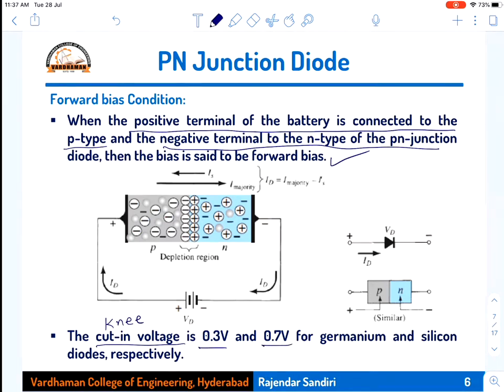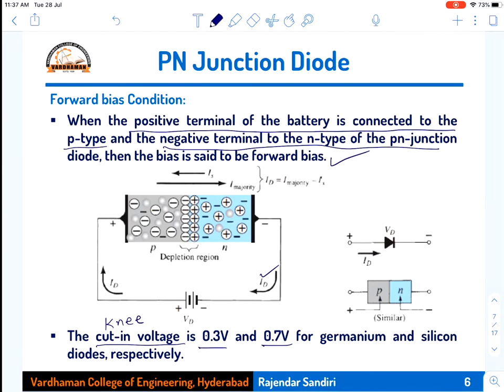So if you apply the external voltage of 0.3 and above, then that barrier becomes zero, depletion width becomes zero, and the carriers easily flow across the junction from either side, holes from P side to N side, electrons from N side to P side, and the current starts flowing. That is represented by the current ID. ID starts flowing. The cut-in voltage or knee voltage for germanium is 0.3 volts. For silicon, it is 0.7 volts.